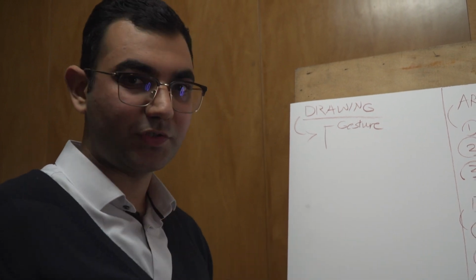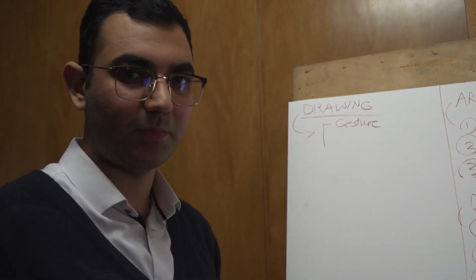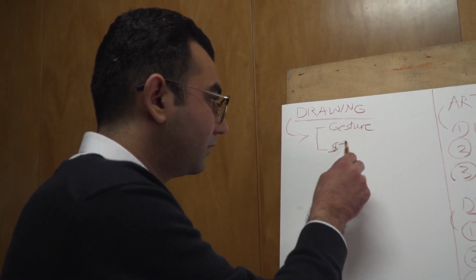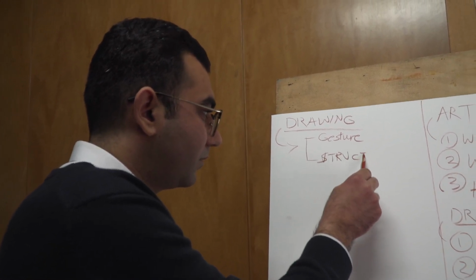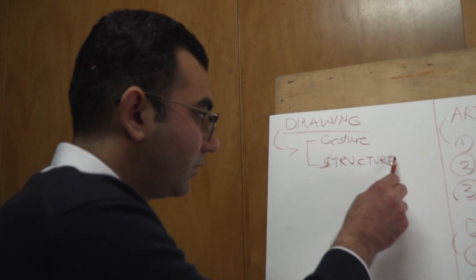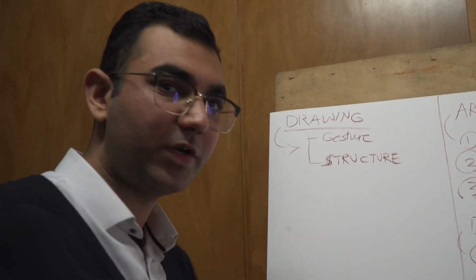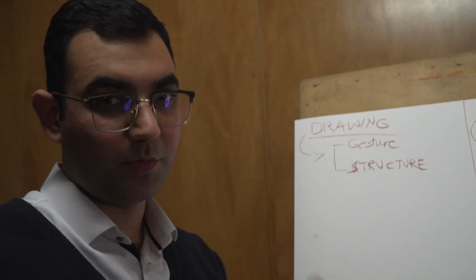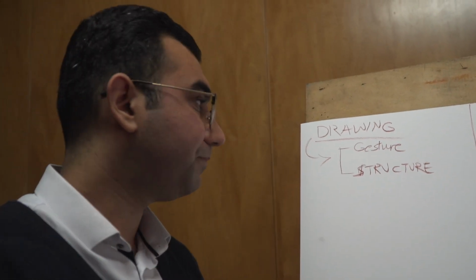And then we have structure, the roundness of things, the volume of them. So whenever you want to draw something, you have to think about their movement and their volume.